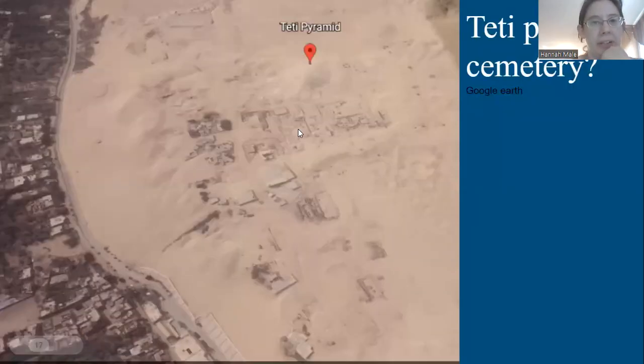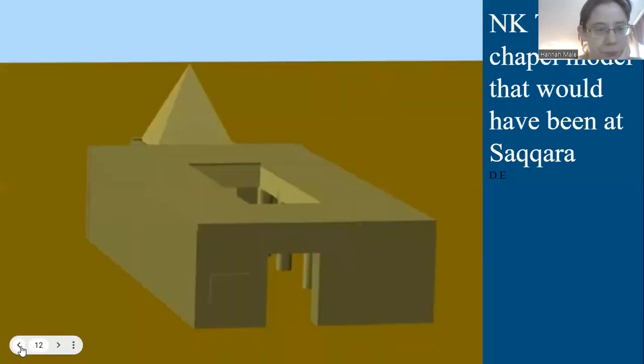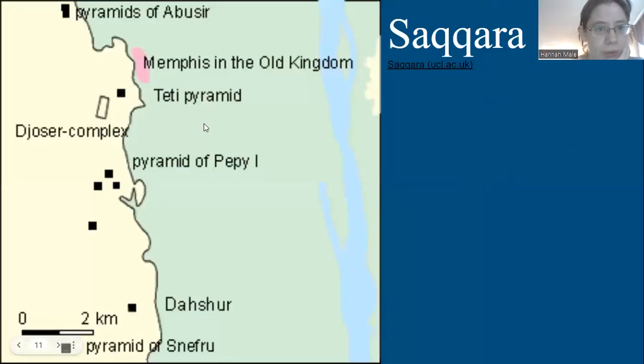And so we're still at the overall site of Saqqara, but we're at a particular sub-site. This is called the Teti Pyramid Cemetery. On the map from Digital Egypt, we are in this region here.